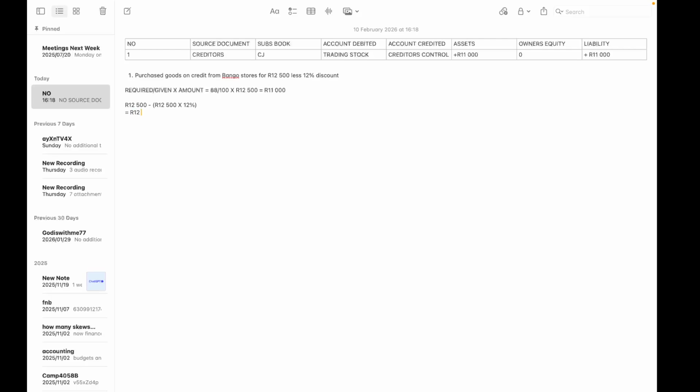It's going to give us 12,500 minus, let us see, 12,500 times 12%. How much do you get? You get 1,500. And then 12,500 minus 1,500 gives us a figure of 11,000, which is exactly what we calculated here. I hope that everyone is still well.